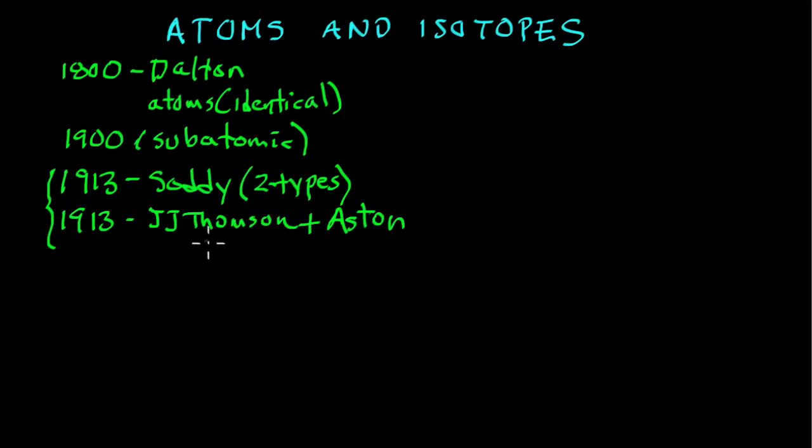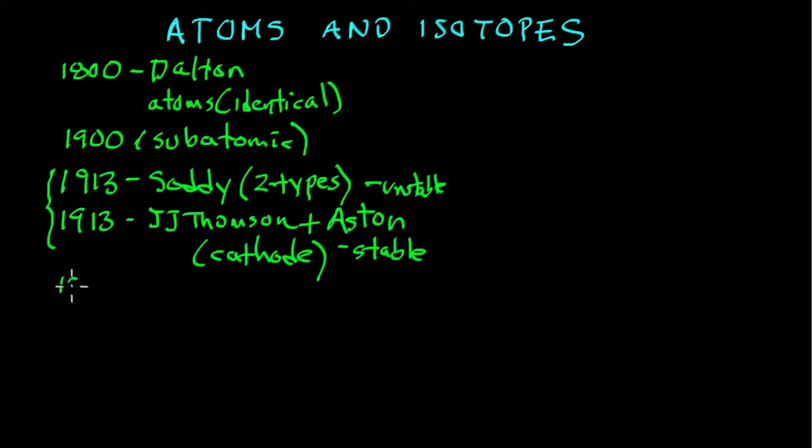They worked in a cathode ray tube, and Aston quantified the cathode ray tube using magnets and electrical fields, and he created a mass spectrometer. And they discovered many isotopes. But the difference was Soddy was working with radioactive or unstable isotopes, and J.J. Thomson was introducing gases that were stable, meaning they were not radioactive.